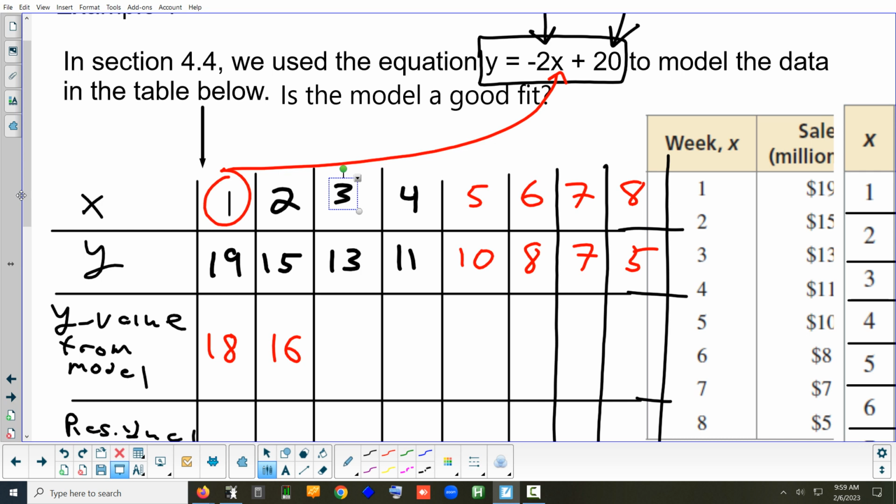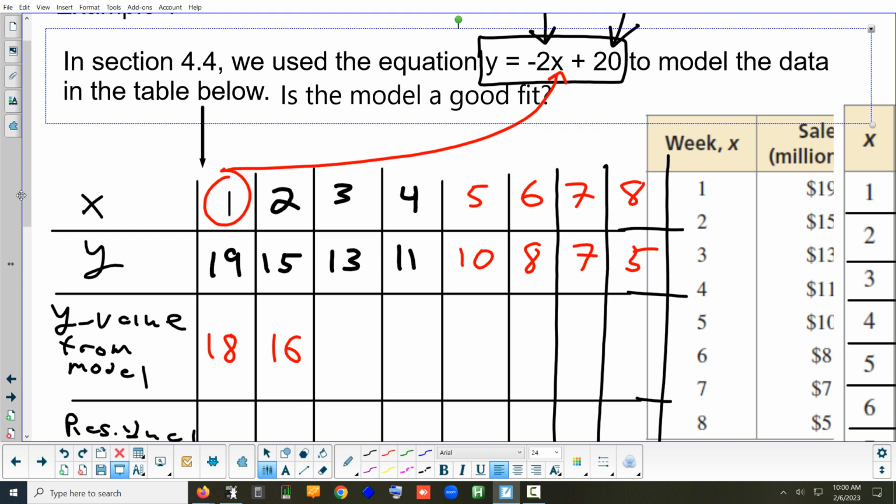Week 3. Plug in 3 for x. Dorian, what's -2 times 3? That would be -6. And what's -6 plus 20? 14. All right, so the formula predicts we should have made 14 million. We actually made 13 million. The difference between the two is the residual.